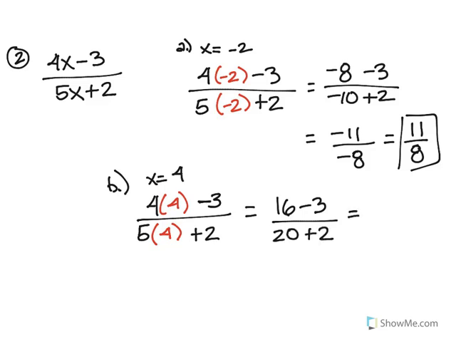So 16 minus 3 will give us 13 on top. 20 plus 2 is 22. And 13 over 22 does not reduce. So that's just simply plug in that number and reduce your fraction if you can.